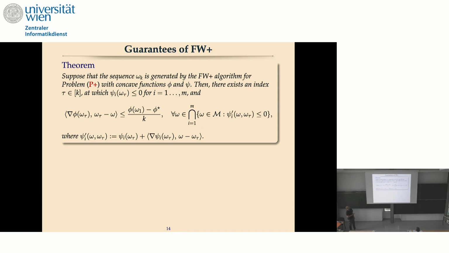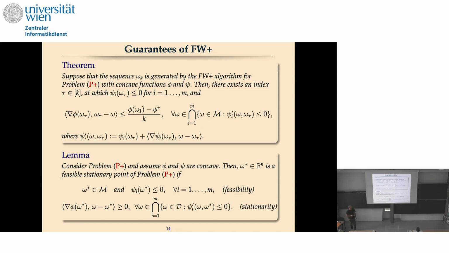Then the stationarity condition holds not for all points. So this condition does not hold anymore for all points in M, but only for the restriction set that we have been using in the sub-problems. But it is possible to show that these restrictions are non-empty, and they also include all feasible directions.